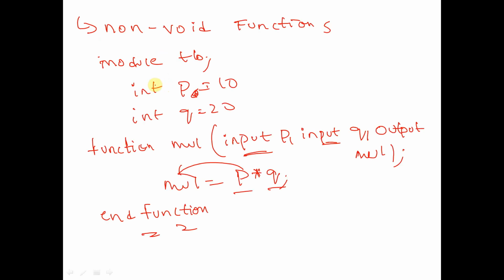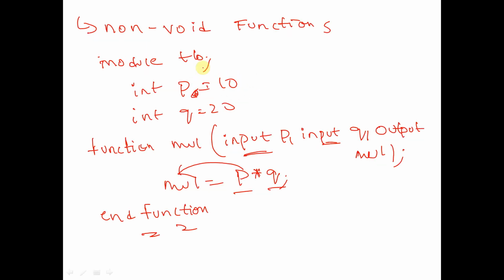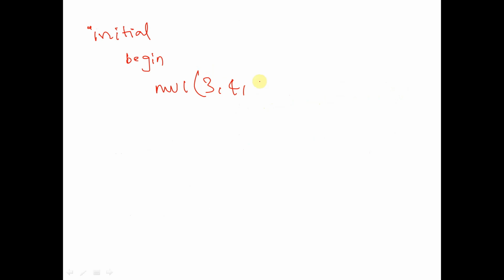Within an initial begin block, I will call this function multiply and pass the inputs as 3 comma 4, and for storing that output I will declare another variable called int multiply_output.